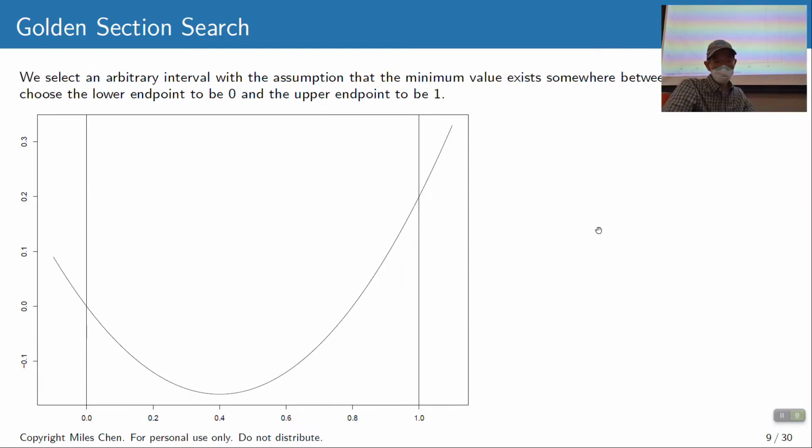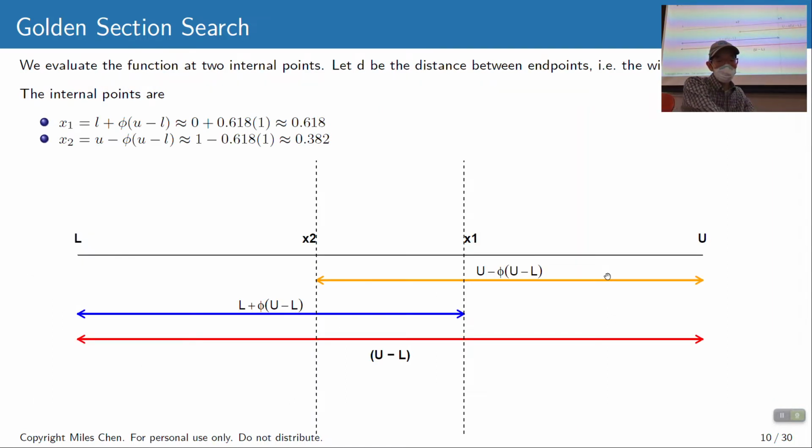Let me make this bigger here. Okay, so 0 to 1, and what we're going to do is look at two inner points. We've got whatever endpoints we have, which I'm going to call my lower bound and my upper bound, and we're going to search for two inner points, which I will arbitrarily call x1 and x2.